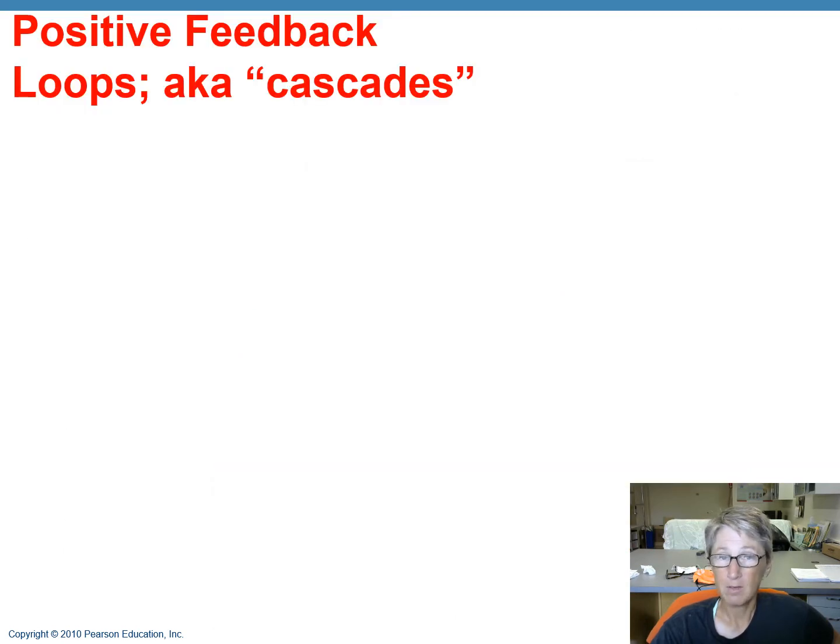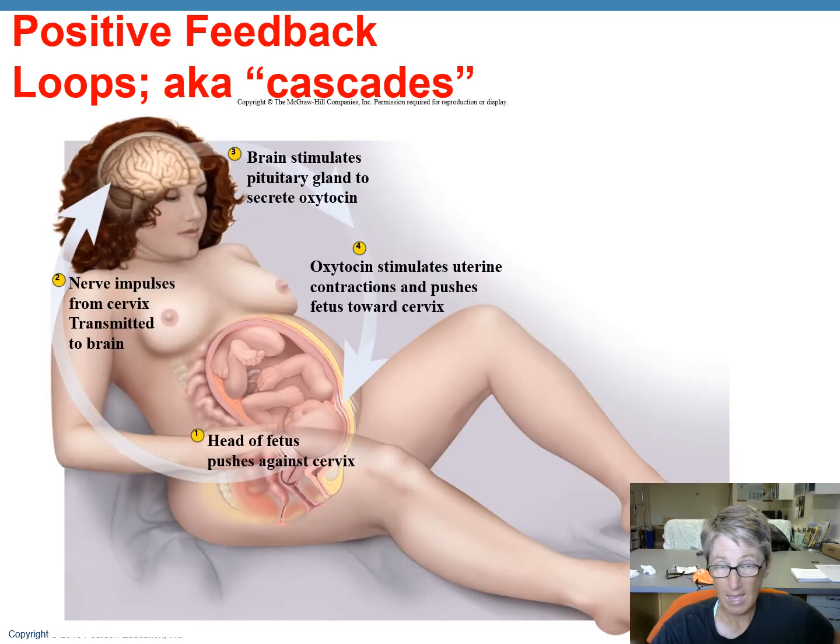Positive feedbacks. Positive feedback loops are also called cascades. So here's an example of a positive feedback loop. So remember, in a positive feedback loop, the variable goes up, and then instead of homeostatically going back down, it keeps going up. So let's check this out. Here you are giving birth. Here's the head. Here's the vaginal canal.